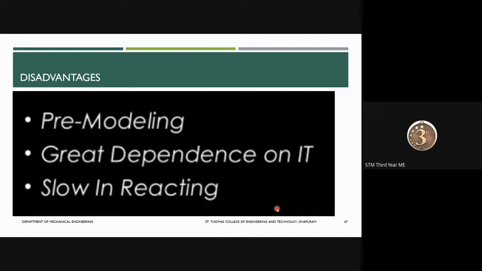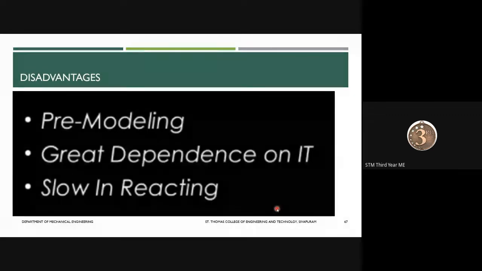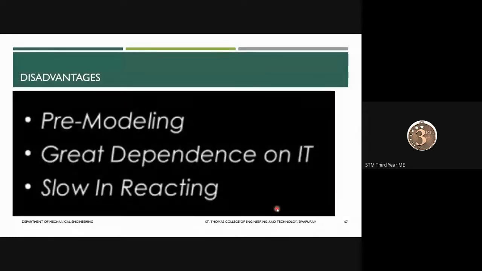So once those conditions are observed and obtained, if you are trying to implement them into our model, there will be some difficulties. That is what is meant by slow in reacting. So we can't change the model according to that real life condition if such a thing occurs. That is why it is known as slow in reacting.